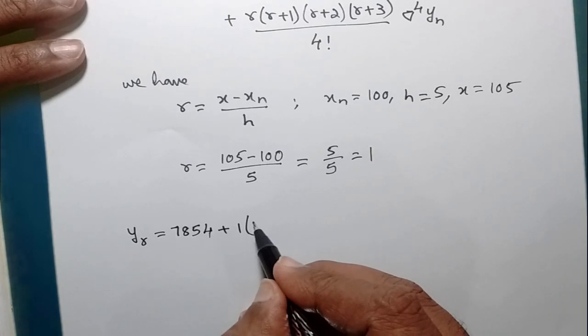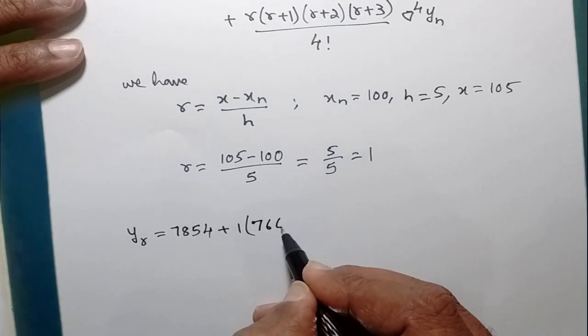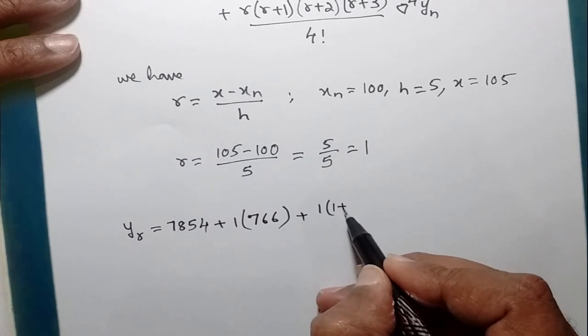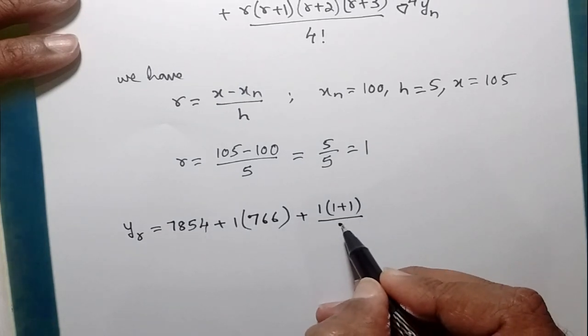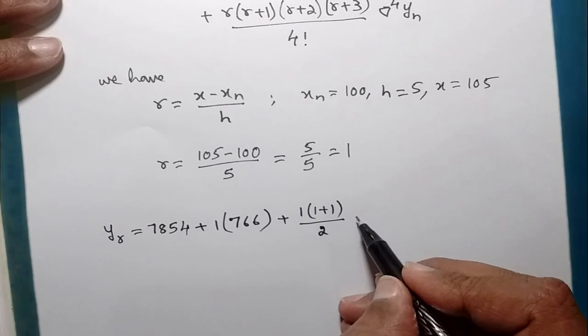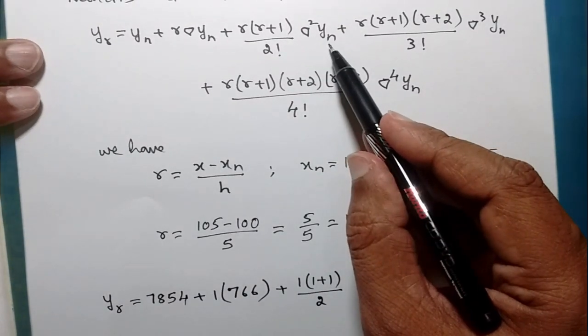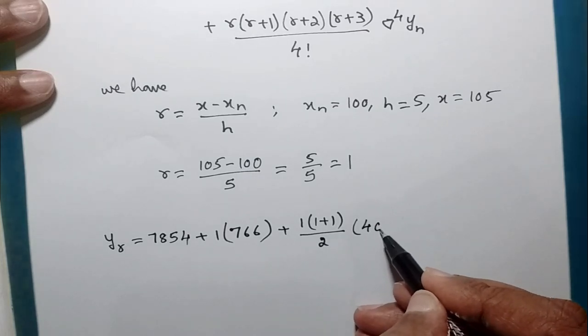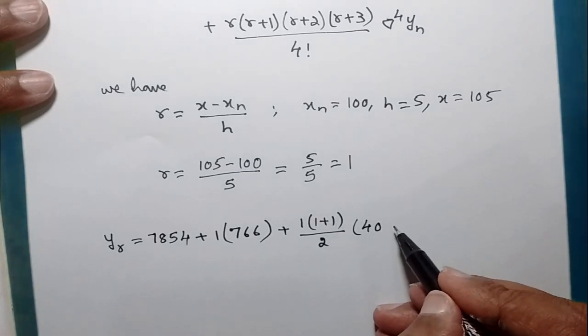You can see the table, what I have written, 766. Check the table. Plus r value is 1. So 1 plus 1 divided by 2 factorial will be 2. Then it is nabla square yn. See the table, what's the value you have? The value is 40. Right?